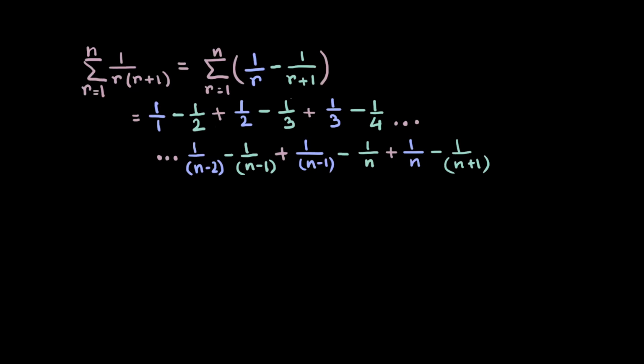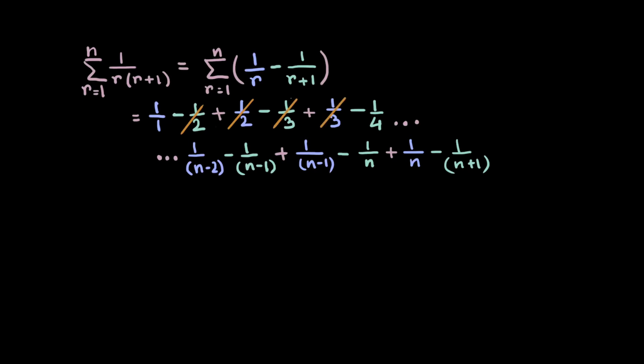Now notice how, due to the fact that we broke the fractions apart into two parts, all of them are cancelling out each other. Each term cancels out with the next term. The second term, minus 1 by 2, cancels out with the third term, plus 1 by 2. The fourth term cancels out with the fifth term.